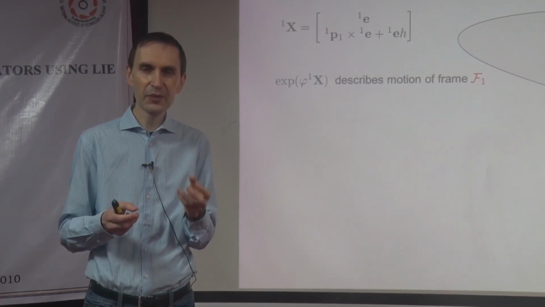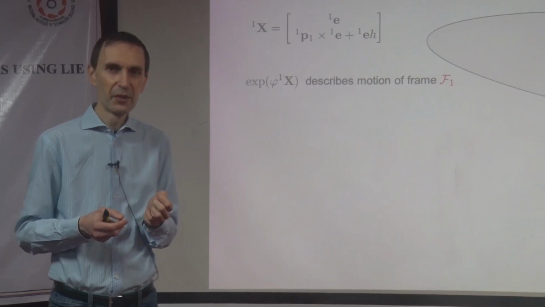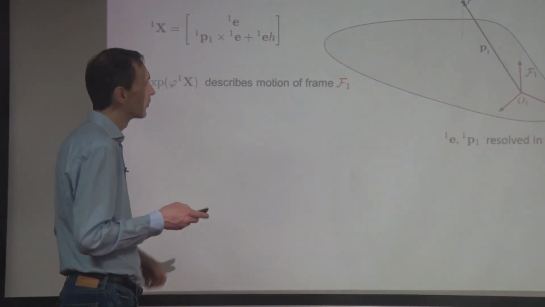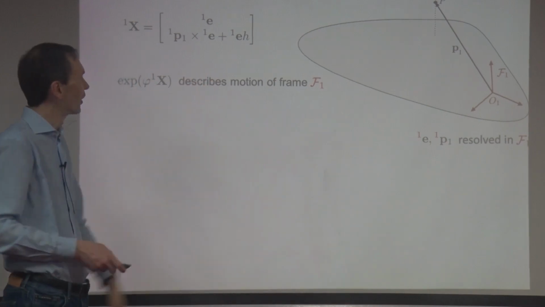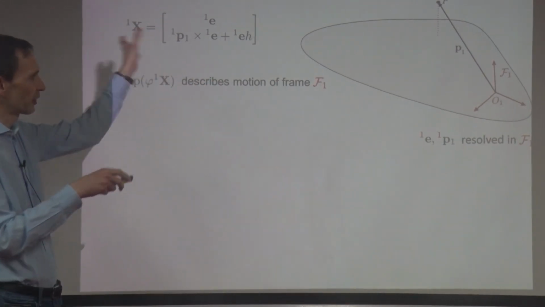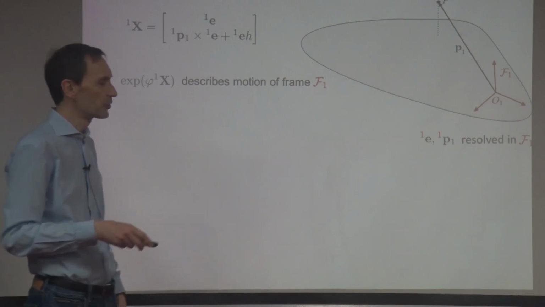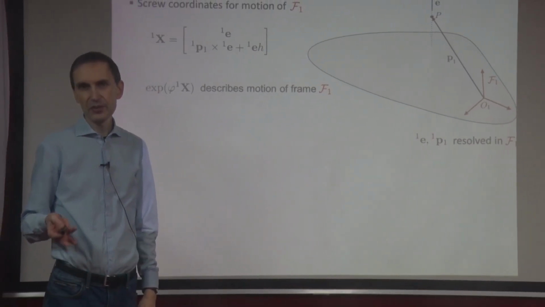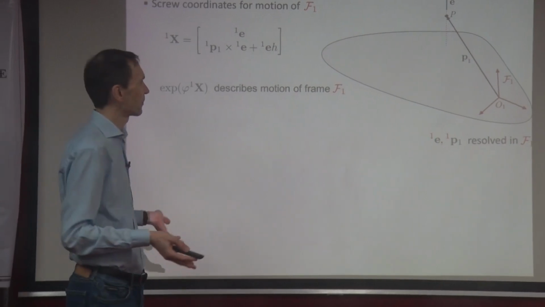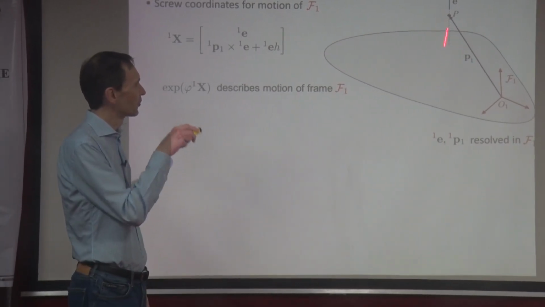But essentially, it's only one frame that we're looking at. Why? Because if you look at this one, this was how we introduced it yesterday. You have one body, one frame, and we're interested in the motion of that particular frame. And we know it's a screw motion, because any motion is a screw motion. So there is a screw axis, and so on.